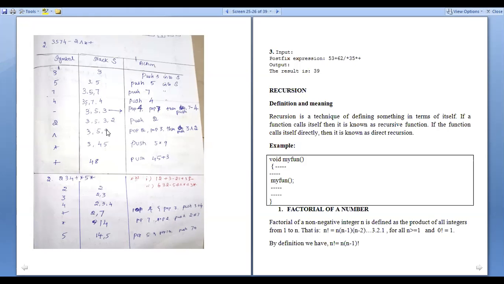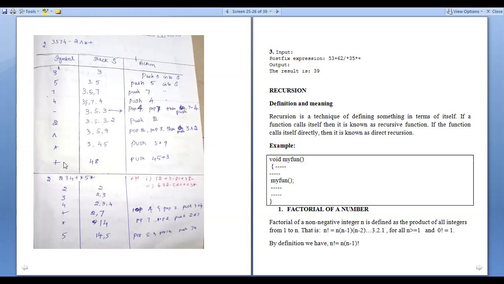The last operand is 9, so we are not doing the operation as 9 star 5, we are going to do 5 multiplication 9. In both cases, 5 multiplied by 9 or 9 multiplied by 5, we will have the same answer, 45. So 45 will be pushed in.